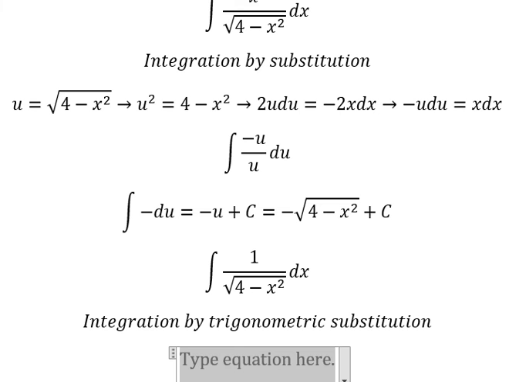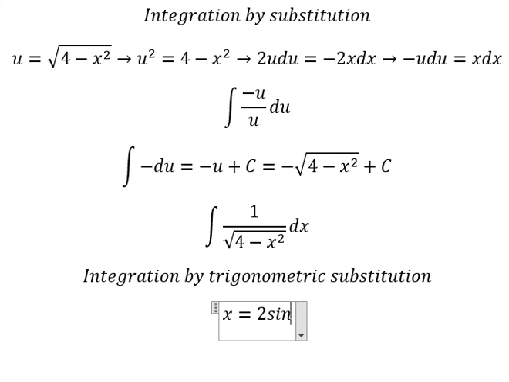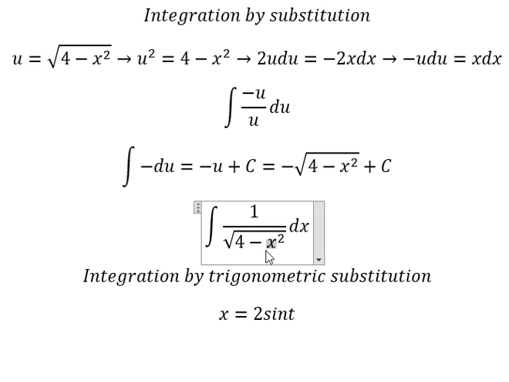So, I need to put s equals 2 sine t, because if I put this one here, you get 4 sine t squared. Number 4, we can factorize. 1 minus sine t squared, we change to cosine t squared, and later we simplify the square root and ds.